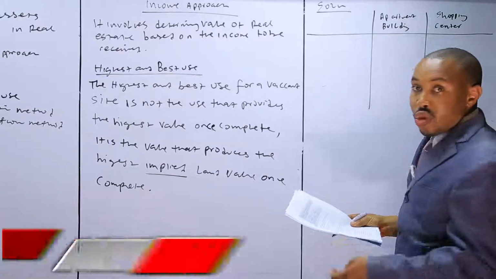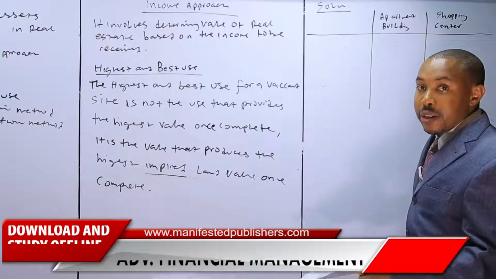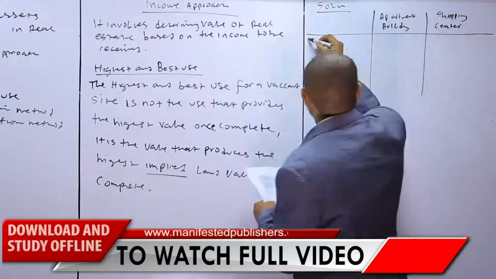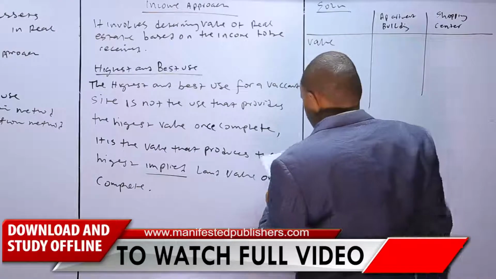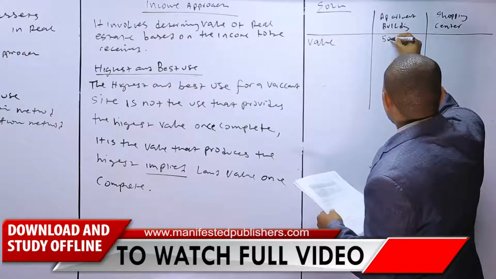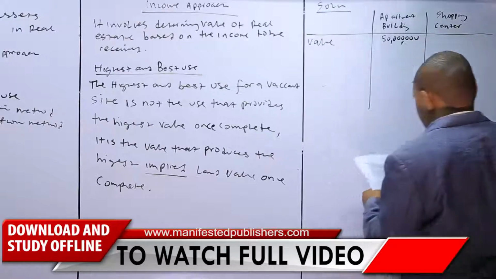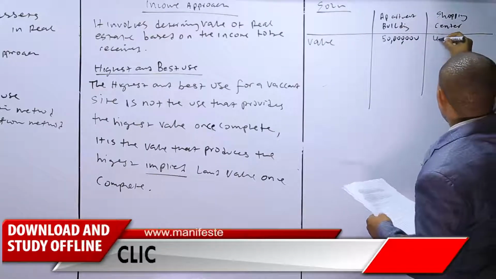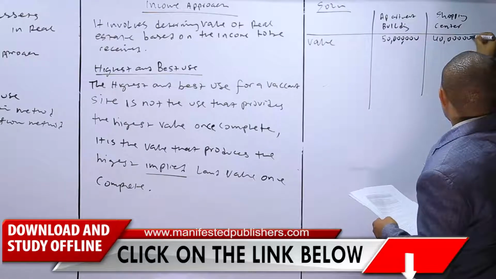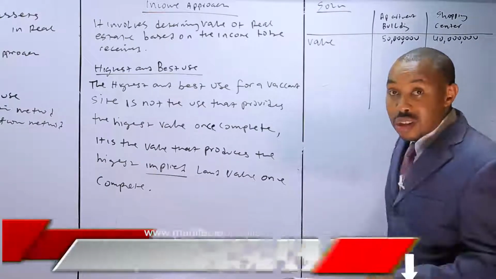Now we need to identify the value once the buildings are complete. So the value when completed is 50 million. Then we also have 40 million. Now we need to less the construction costs.